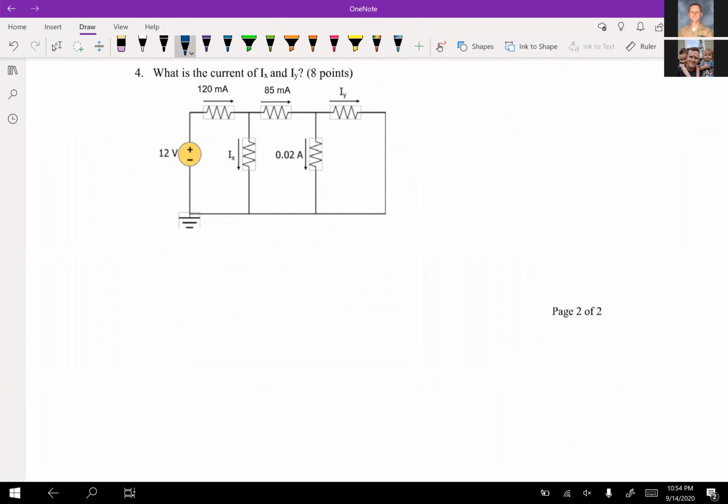Last problem here, we don't know any of the R's, but we do have some currents. And here's a node and here's a node right there. Using KCL, what goes in must come out.